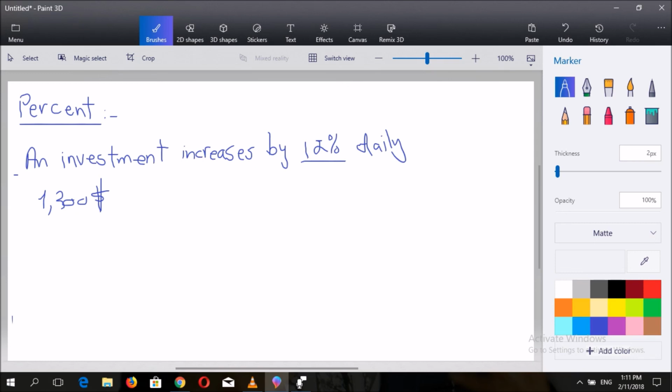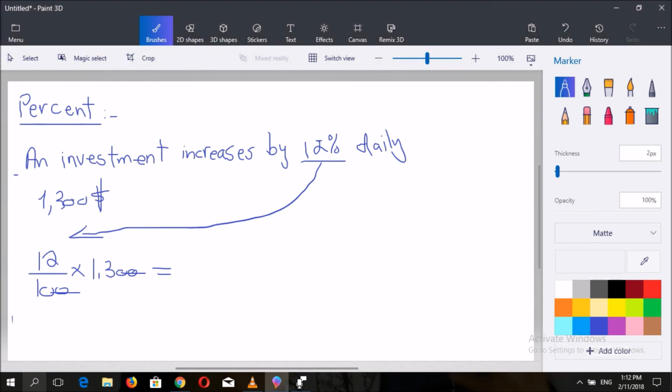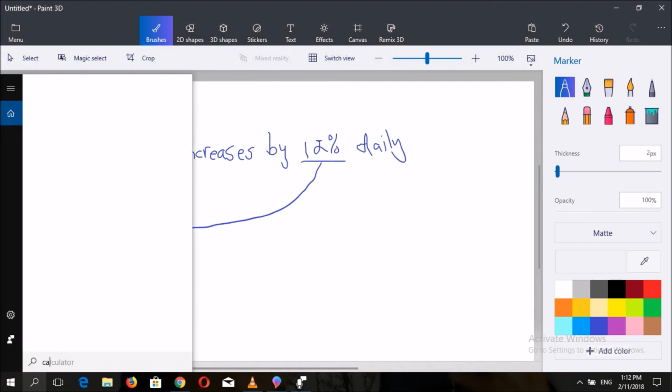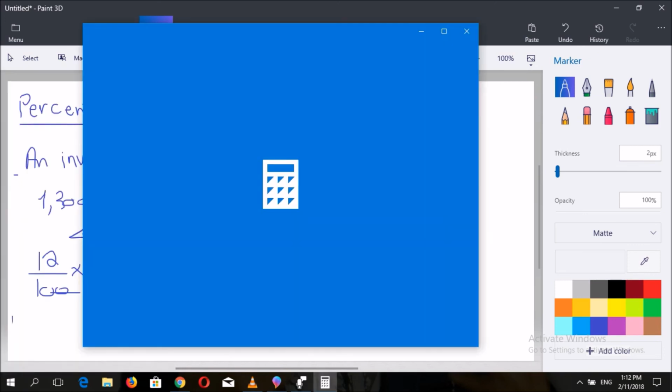Now the question is, what is the percent increase? I have increased the number of balls in the box until it has reached the value of 10. The question is how to calculate the percent increase in the number of balls. In this case, I need to calculate the difference between the two numbers.